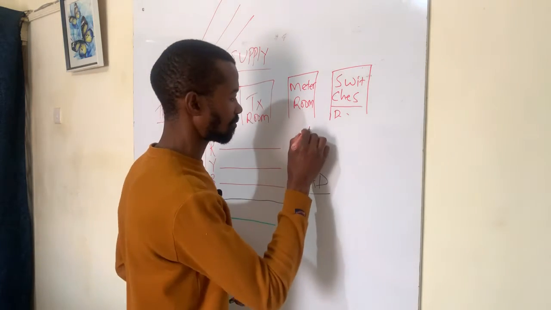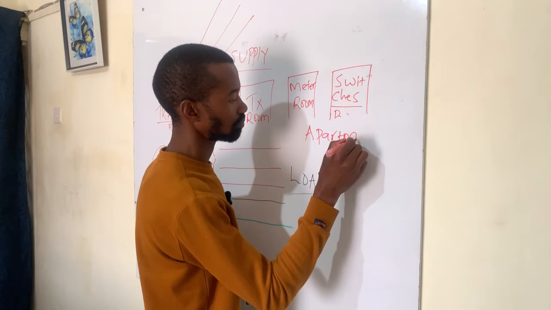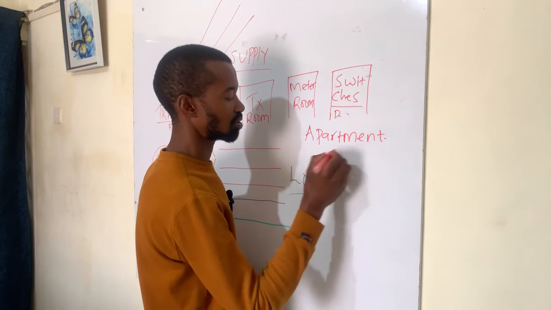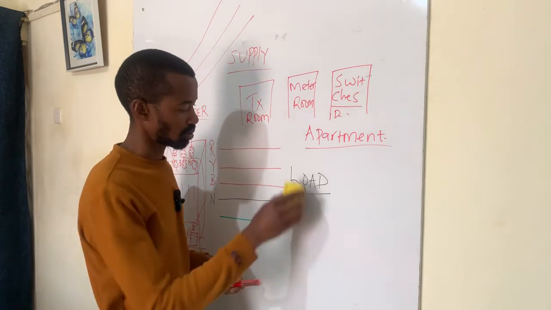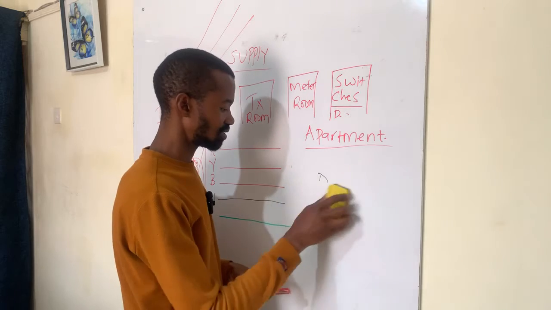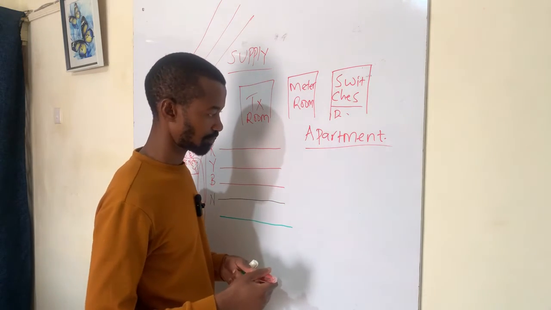So at the point where we have the load, let's say it is an apartment. So if we have this apartment already here, at the meter board, because you can't have a three-phase distribution and have a meter box. No, no, no. Why?